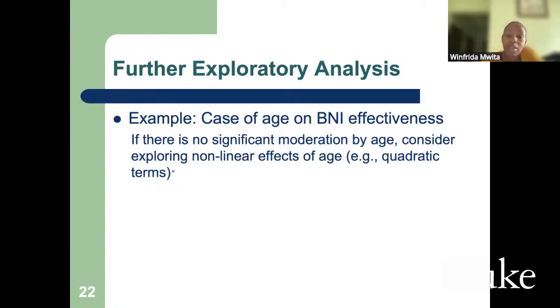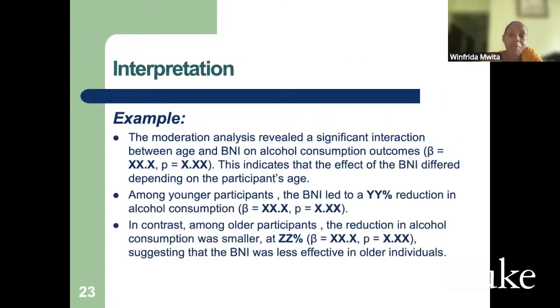But if you found it is not significant, you can do further exploratory analysis. You can try to model age as a quadratic, or you can try to see how best age can act in the model. Depending on your theory, you can look for different exploratory analyses that would work, also based on other literature.